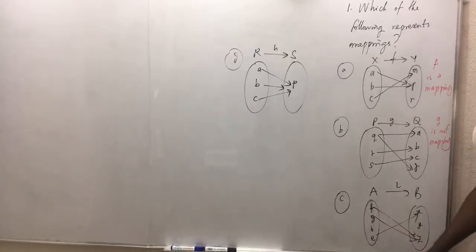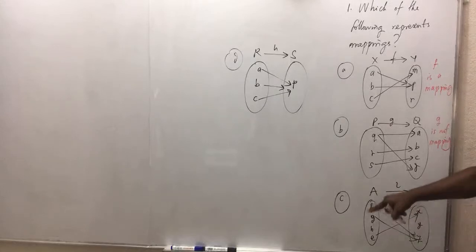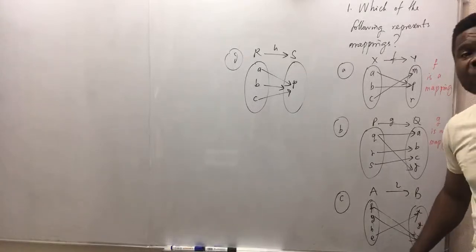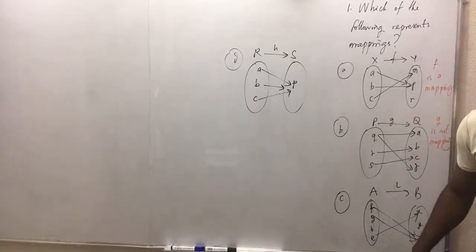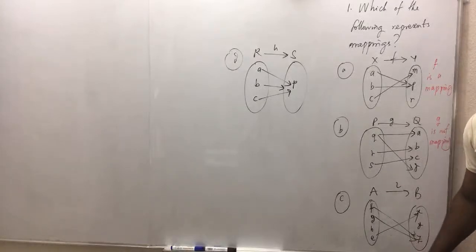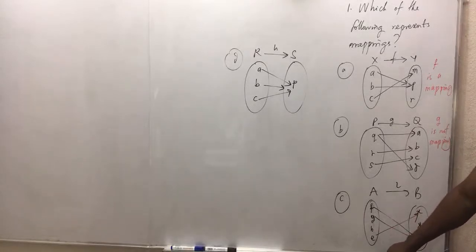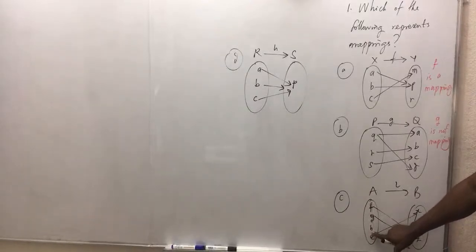So since at least one element in the domain has no image, condition number 1 has failed. Condition number 1 requires every element, not some, every element of the domain to have an image. And in this case, one element in the domain has failed the condition. It does not have an image. And what is that element, guys? The element in the domain that has failed that condition is H.